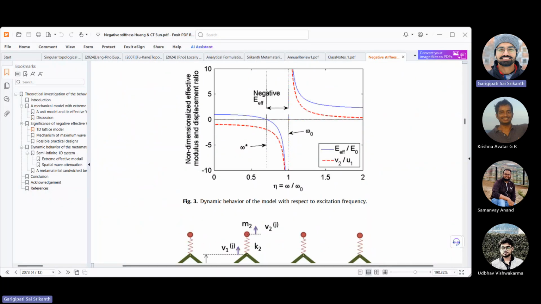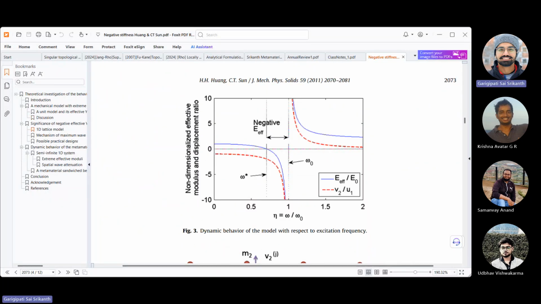Yeah. So you see, eta is that frequency ratio. When eta is approximately equal to 1, you see this pattern of E effective. Suddenly, there's some sort of singularity here.